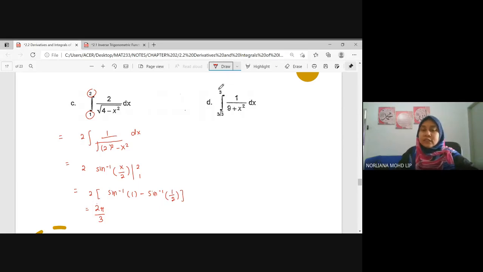Okay, D last one. Yang ni tersilap ni boundary dia patutnya yang besar atas ni lah. Terbalik ni. 3 times 3 pi, yang ni 3. Ni terbalik lah boundary dia.